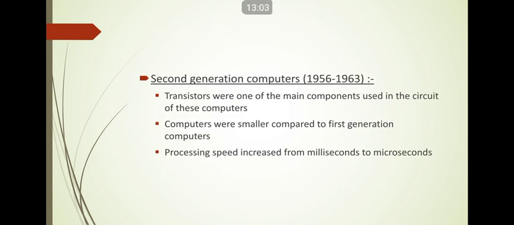Then comes second generation computer. The duration of second generation computer was 1956 to 1963. Again, I am repeating, the timing of second generation computer was 1956 to 1963.